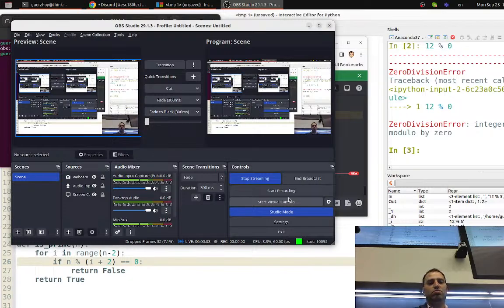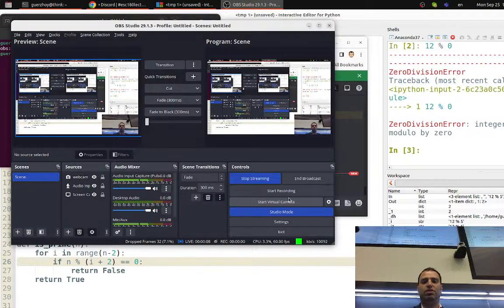So we're stepping in, and we're saying if n mod i plus 2, so i plus 2 is 2, 5 mod 2 is 3, no, 1, sorry. So that's not equal to 0, so that means that we're not returning false. So we're trying the next i.